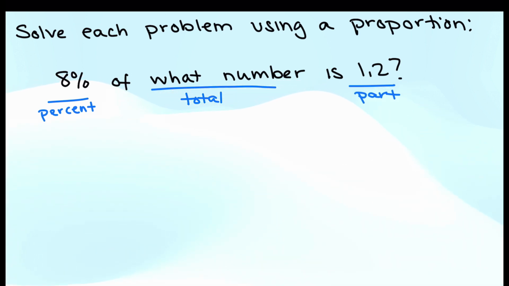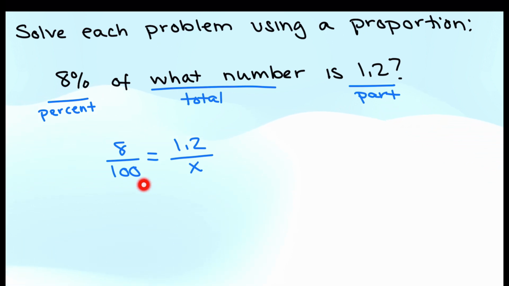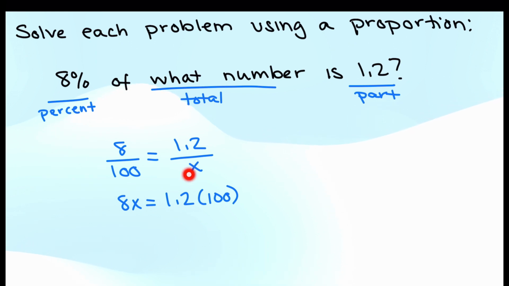What is that total? So using my proportion, the 8 goes over 100 equals 1.2 is my part, and x is the total. We can solve this by cross-multiplying. 8 times x equals 1.2 times 100. So 8x equals 120.